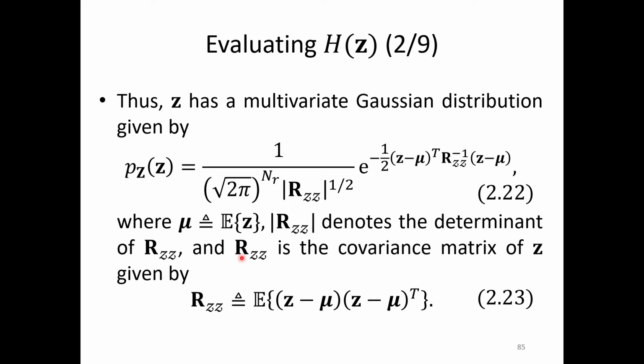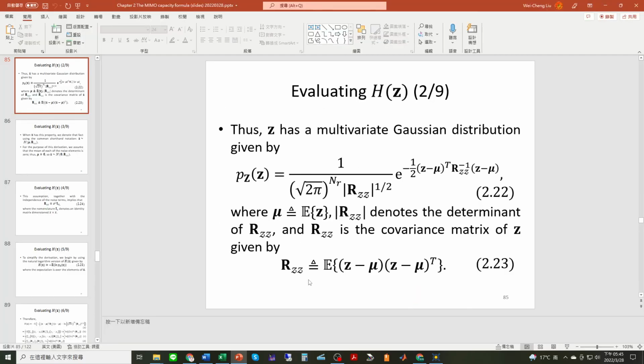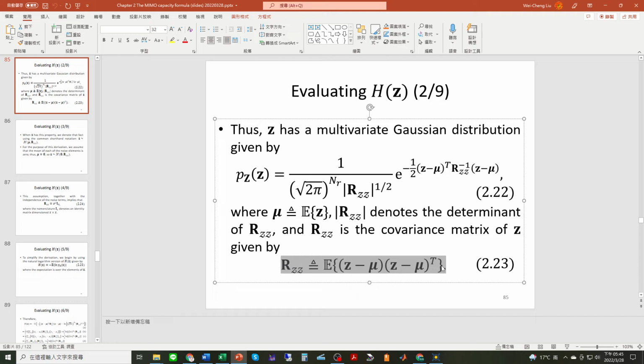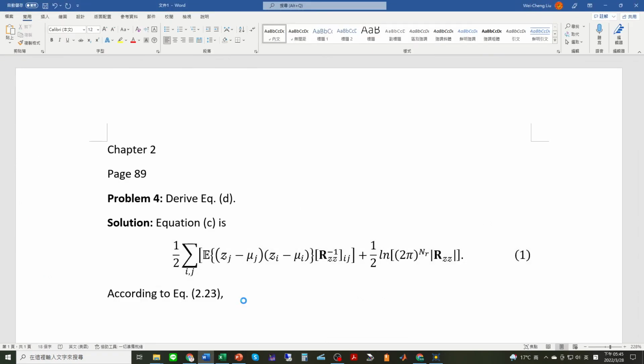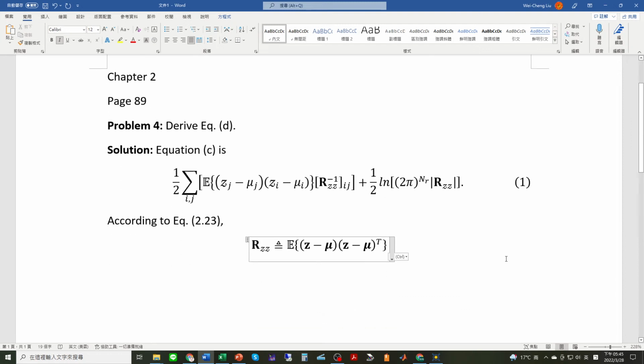we defined RZZ, which is the covariance matrix of Z, as the expectation of Z minus mu times Z minus mu transpose. Okay, so let us copy this equation and paste here. Okay, good.